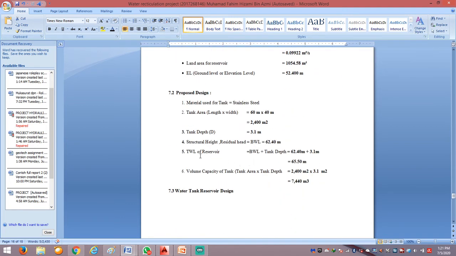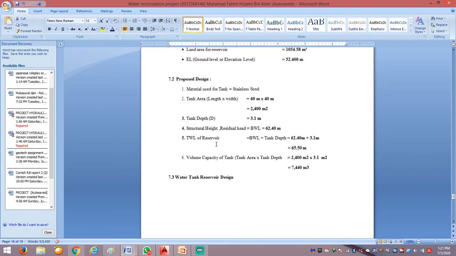So we can calculate the TWL, the top water level, for the reservoir also. Since the residual head or structural head that has been given is equal to the bottom water level 62.40, we add the tank depth, so I get the top water level. To get the overall capacity of the tank that can carry water, we multiply the area by the tank depth, so I get 7,440 meter cube.